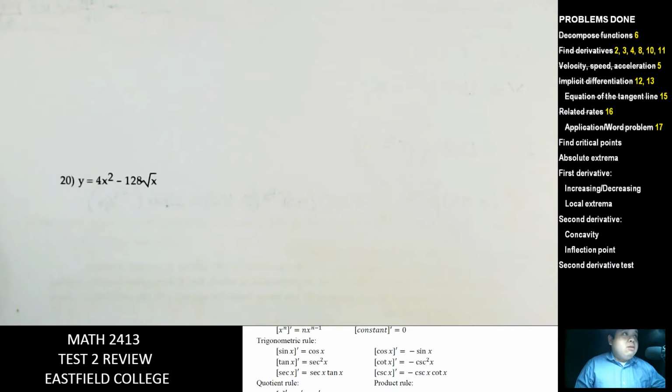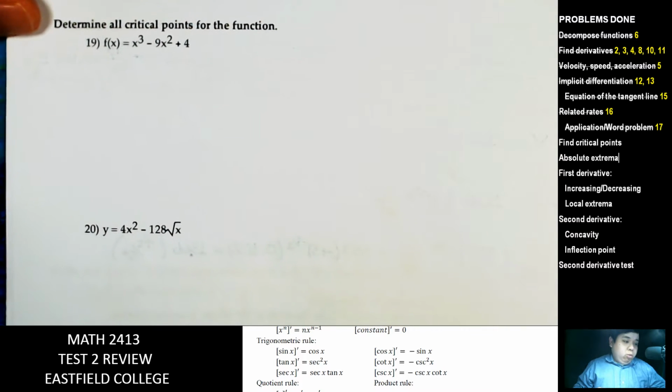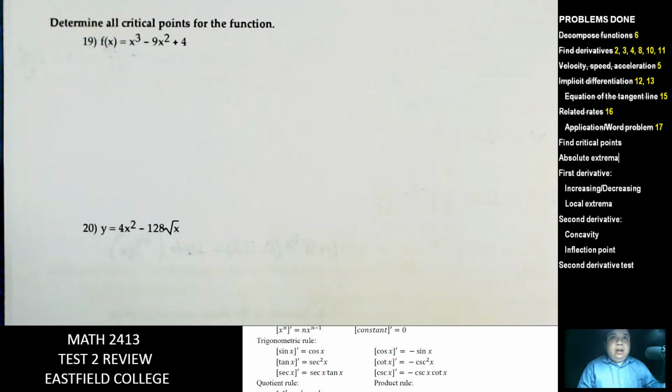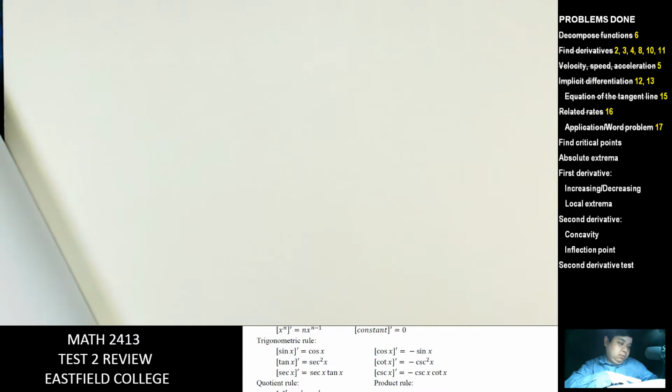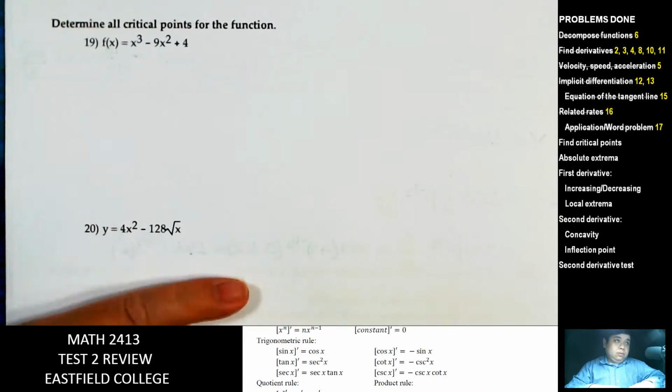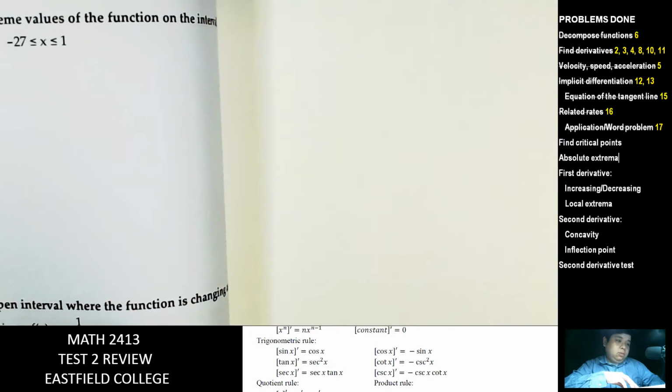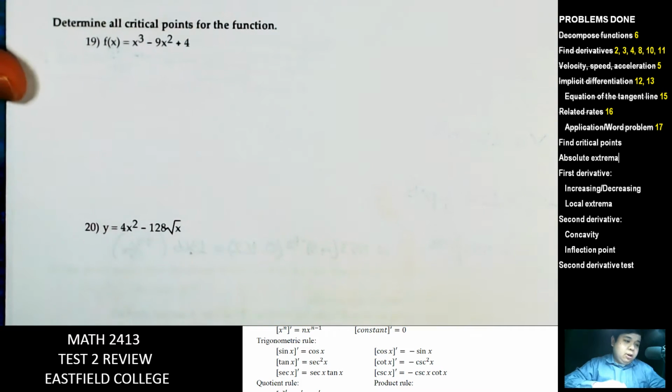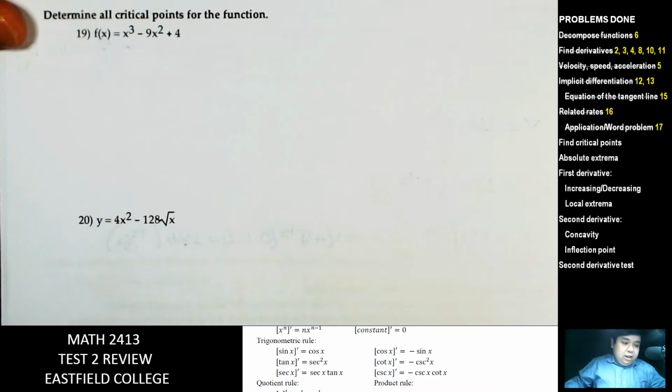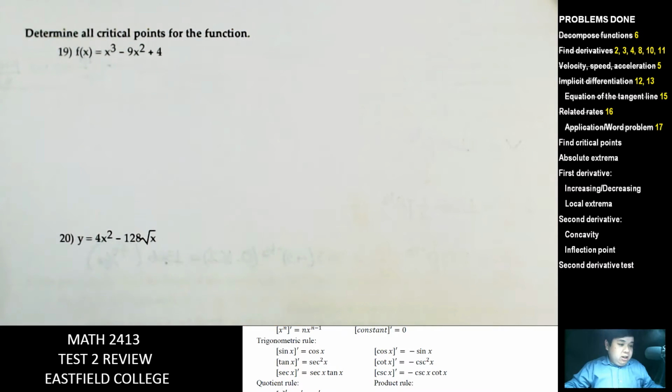Next, we go to the critical points. So we take a look at 19 and 20. So 19. Critical point. Let me write out what we need.